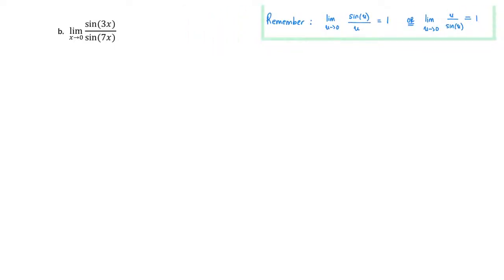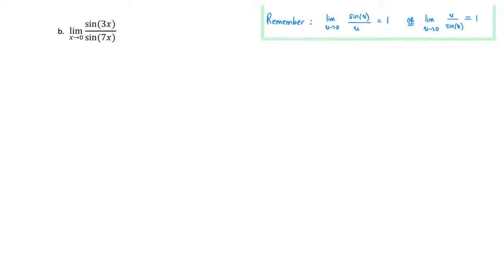And I'm going to ask you again to remember the important result that I ask you not to ever forget. We want to remember that the limit as u approaches 0 of sine u over u is equal to 1, or the reciprocal, the limit as u goes to 0 of u over sine u is equal to 1.